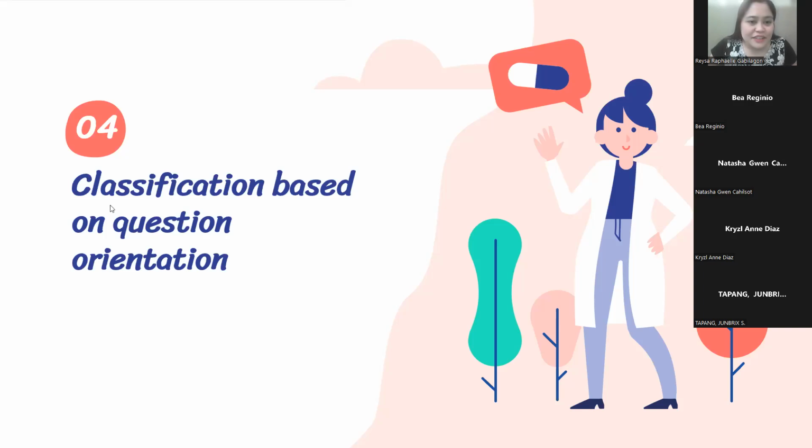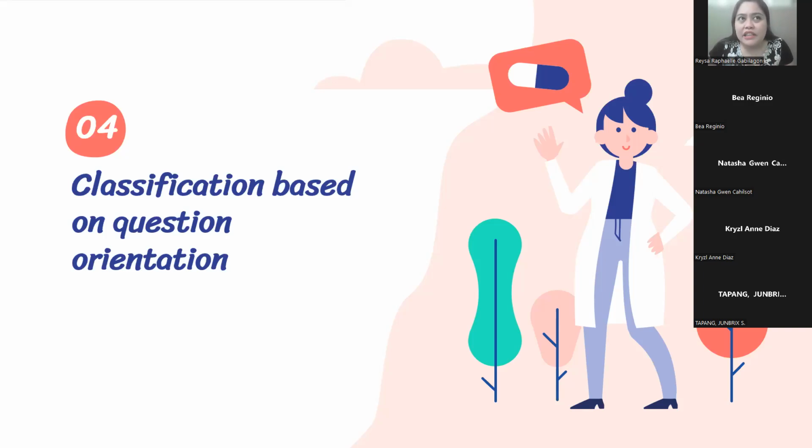Okay? So number 4, this is the last classification. We have here classification based on research question or question orientation. Now, what am I talking about? The research question. I'm talking about the SOP, the statement of the problem. So, sa school natin, ito yung ginagamit natin na research design.